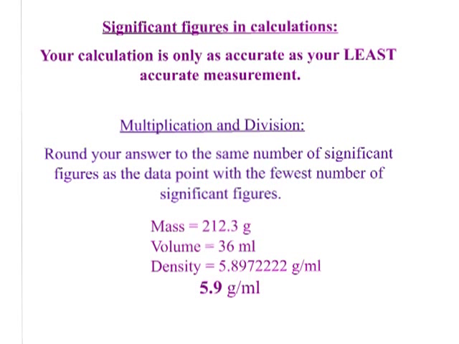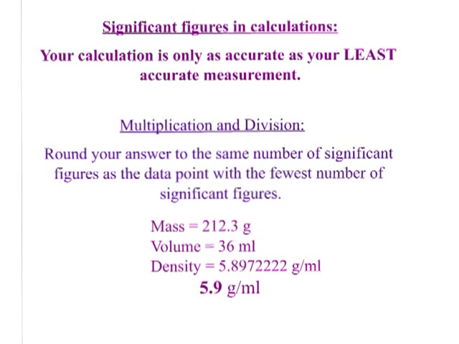I am only as accurate as the least accurate of my measurements, which is 36. It has 2 significant figures. My mass has 4, but I can only be as accurate in my answer as my least accurate measurement. Therefore, my answer will have to be rounded to 2 significant figures.